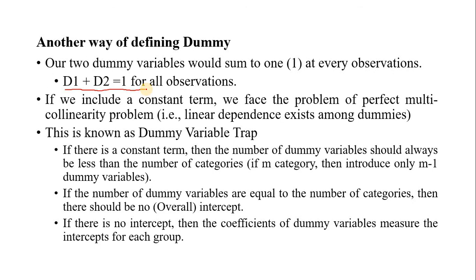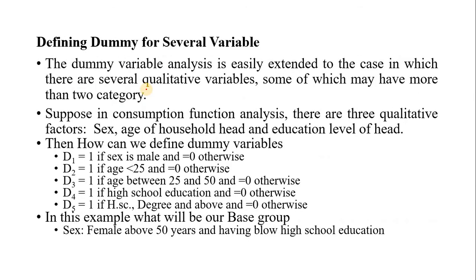How can we remove it? Two options. If for a dummy variable there are m categories, introduce only m minus 1 dummies, or you introduce as many dummies as categories, but you should not include the intercept.